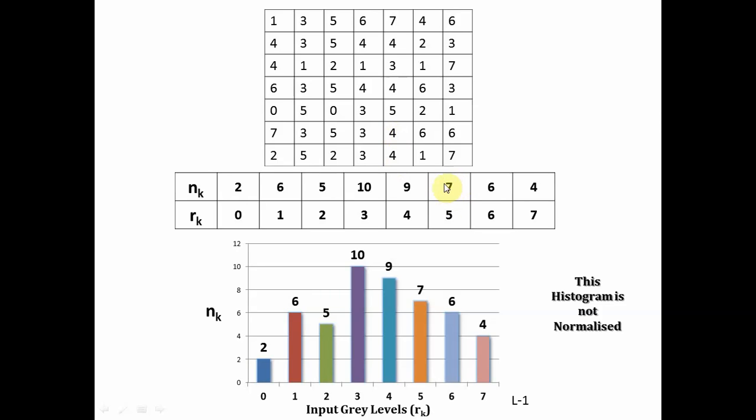The number of pixels for gray level 5 is 7.